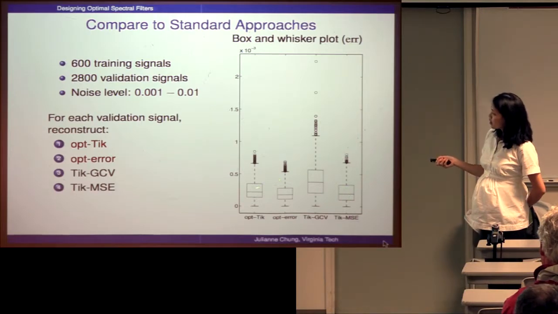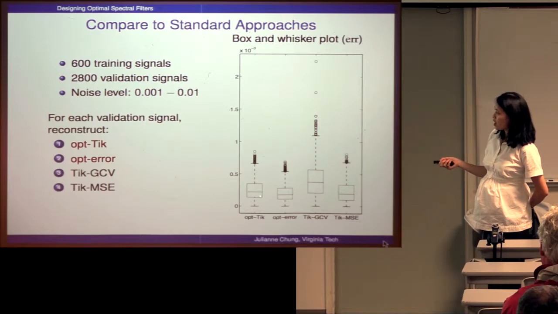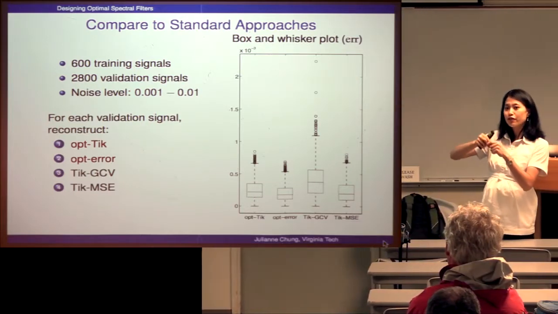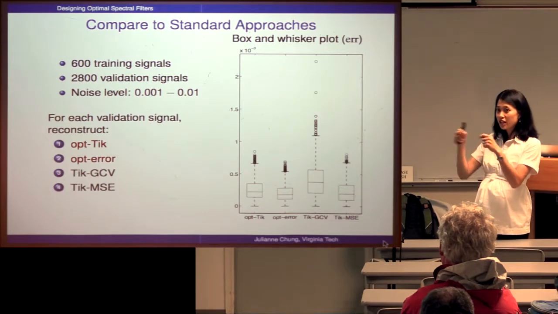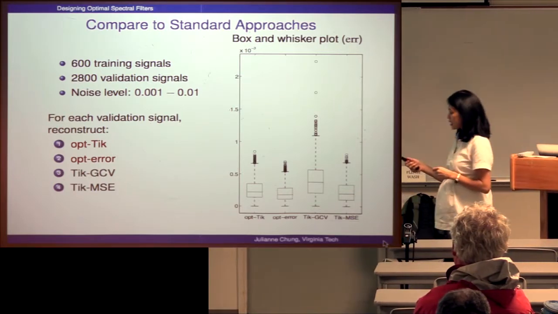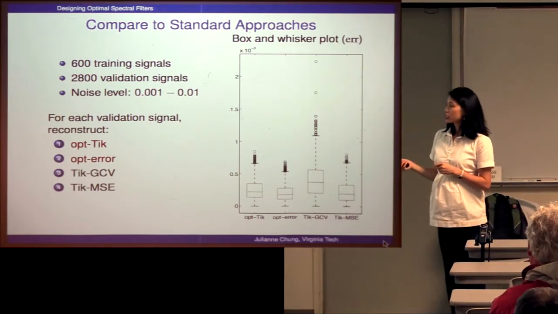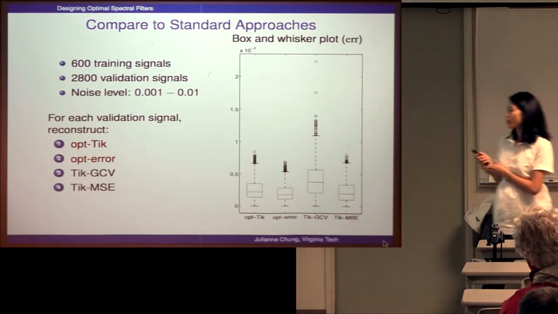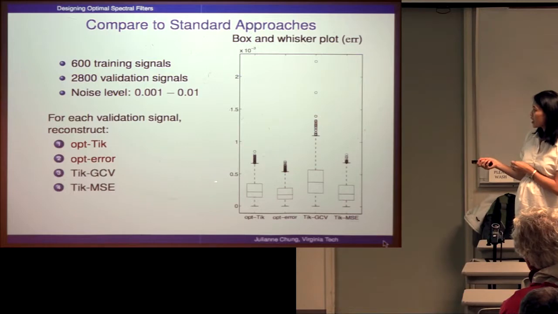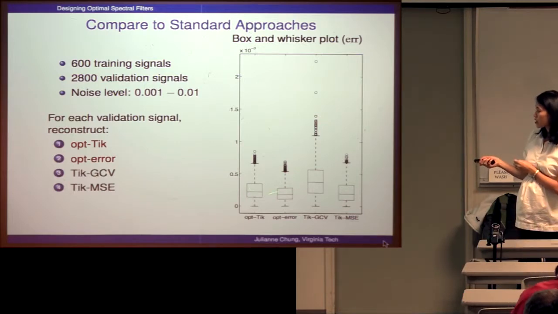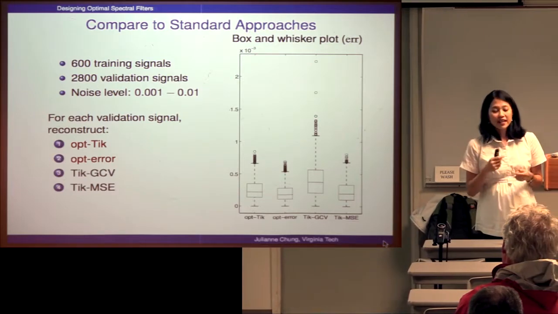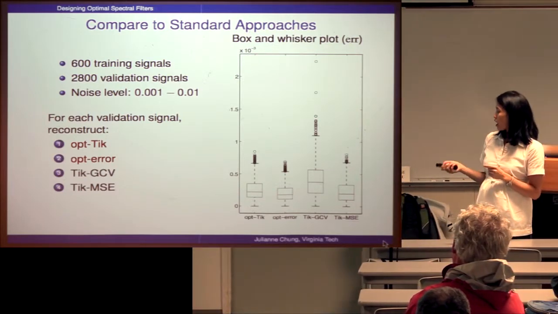Now, these two here use training data. The first one, opt-TIC, still requires a Tikhonov formulation, but the regularization parameter is selected by minimizing the errors over all the training data. You can see that it does pretty well because it compares with the TIC-MSC approach. The last point I want to make is for the opt error.